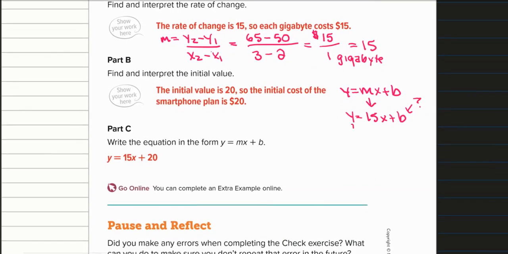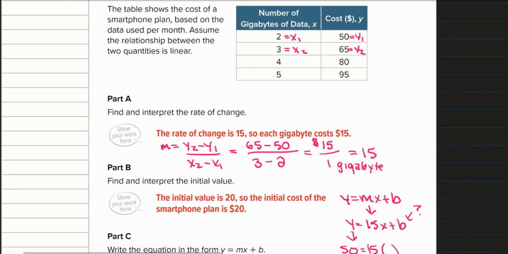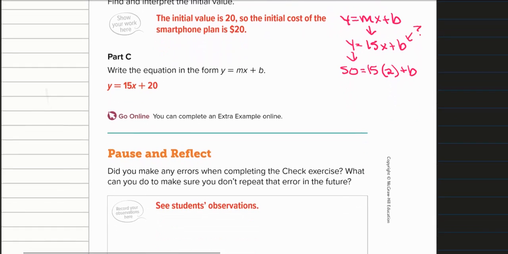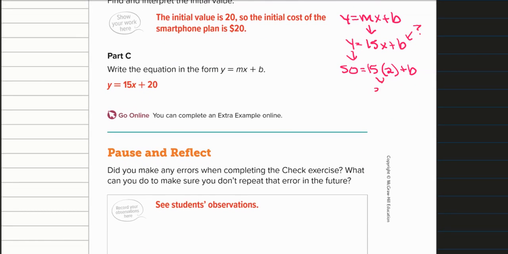We're going to plug in 50 for y equals 15 times, well, 50 had an x of 2. So we're going to plug in 2 plus b, and then we have to solve for b. So we're going to end up with 15 times 2 gives us 30. We rewrite everything else and subtract 30 from both sides.